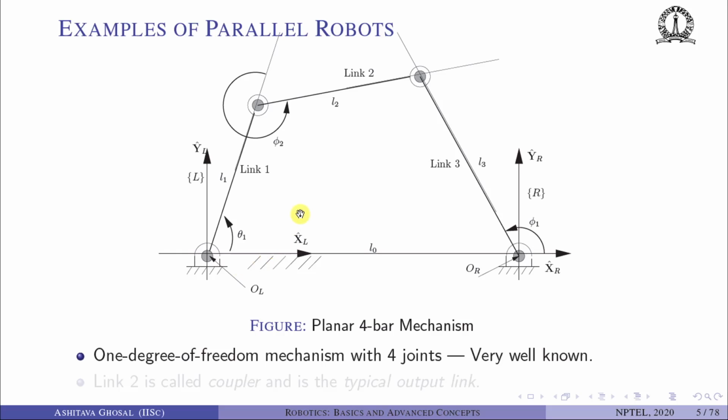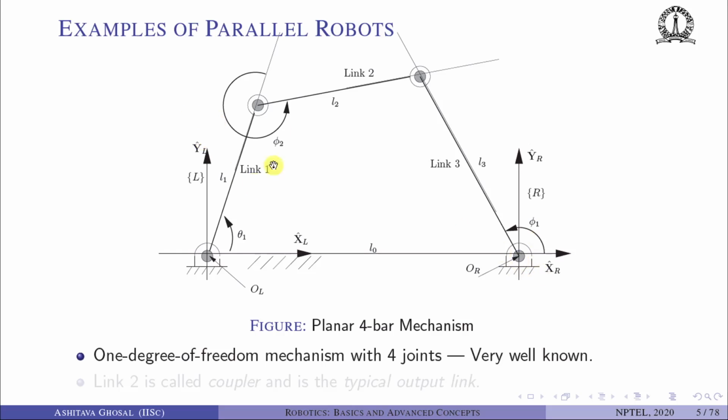Okay, so this is a single loop, and in this loop we can define a coordinate system L, which is the left x and y axis. The origin is at OL. We can also likewise define a coordinate system R, which is on the right fixed point, and this is XR and YR with the origin OR.